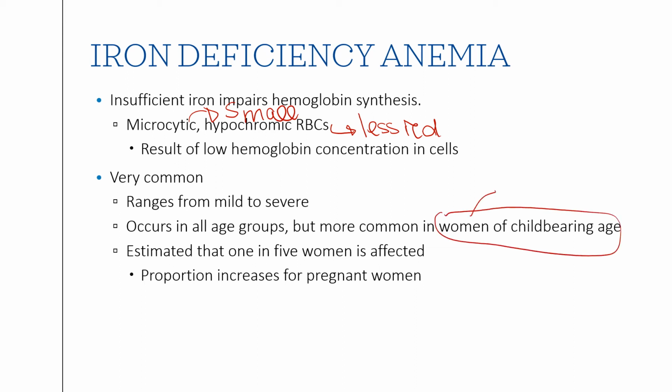If you ask yourself why you would expect it to be more common in women, you start to think that women of childbearing age are still having their menses. So think about the amount of blood loss that happens every 28 days, with a normal menstrual cycle, and how that might affect iron stores.